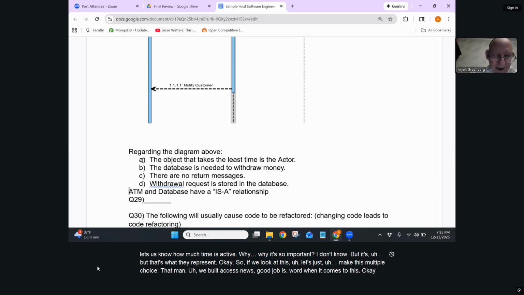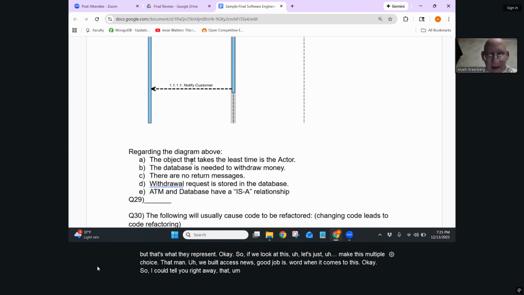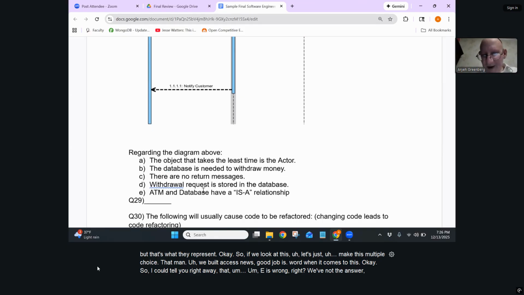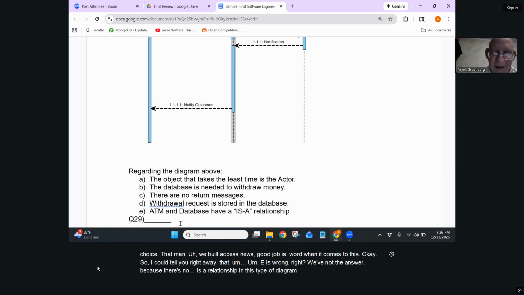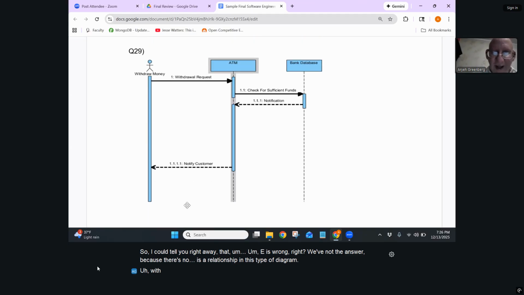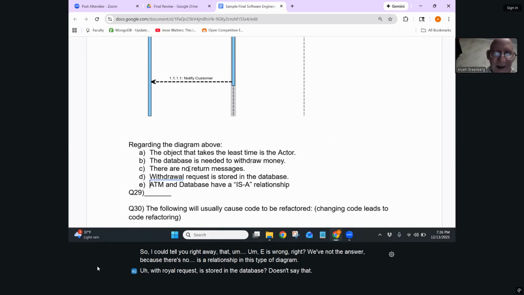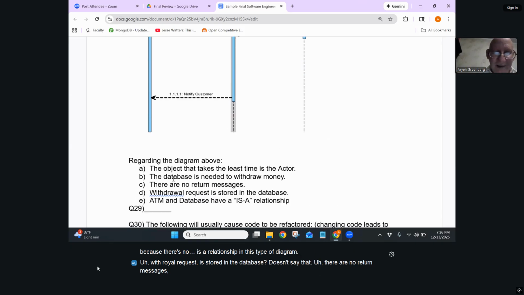Okay, so I could tell you right away that E is wrong, right? E is not the answer because there's no is-a relationship in this type of diagram. Withdrawal request is stored in the database. It doesn't say that. There are no return messages. There's two of them.